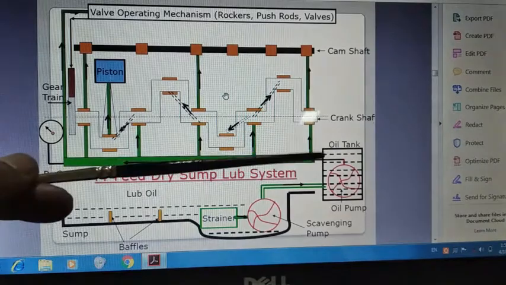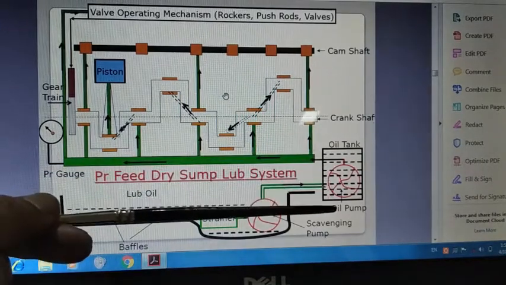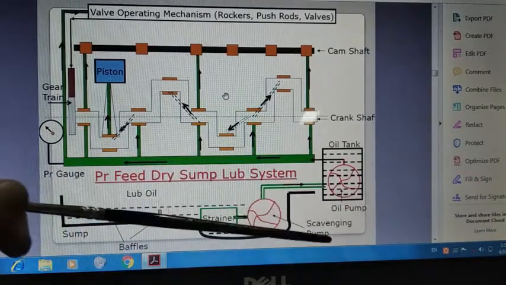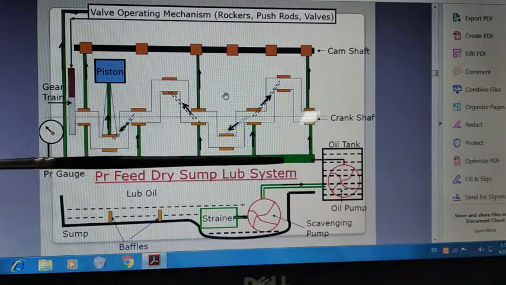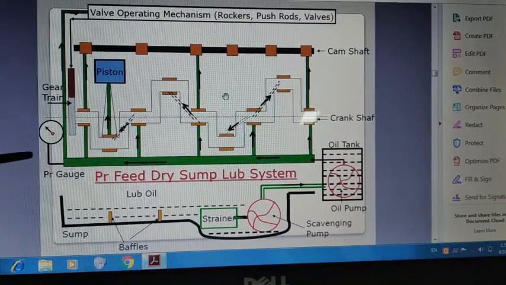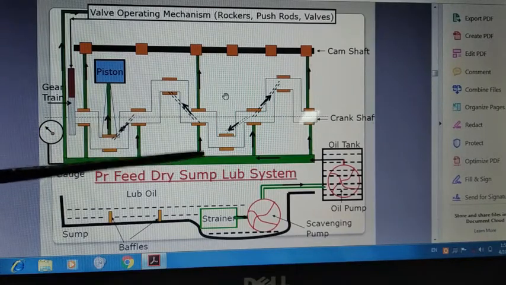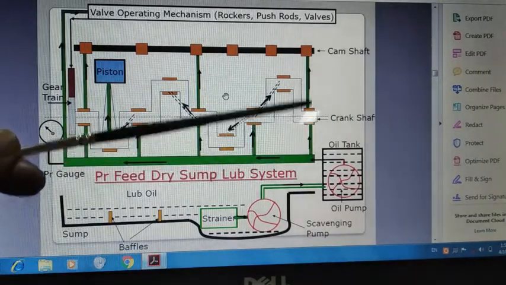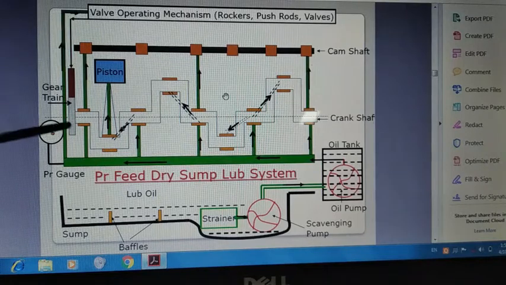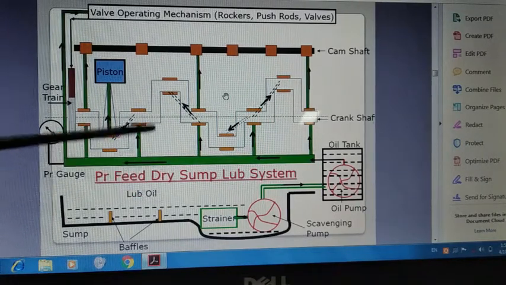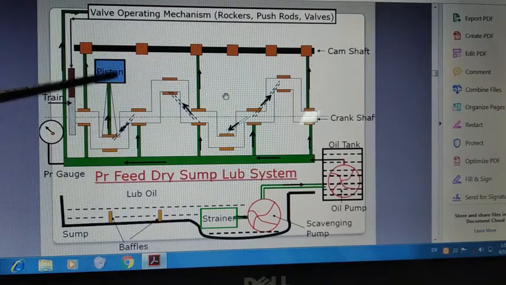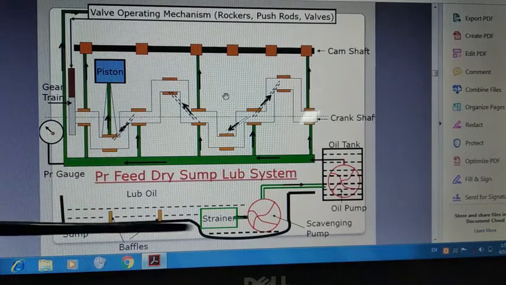So a separate oil tank is used, and there is an oil pump placed in the tank which will pressurize the oil from the tank and supply it to the oil galleries. And then obviously the oil will reach the different locations where lubrication is to be provided, and then the oil will fall into the sump.